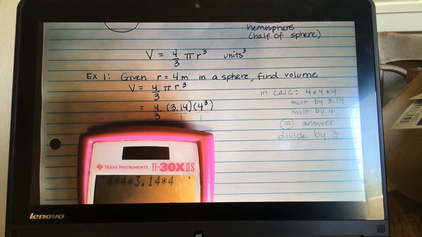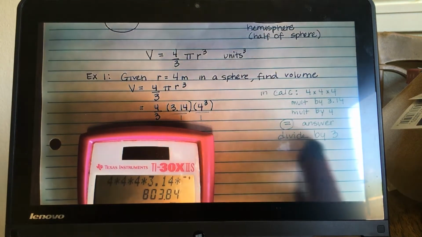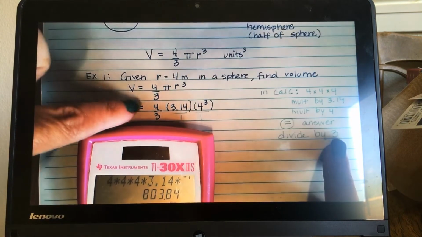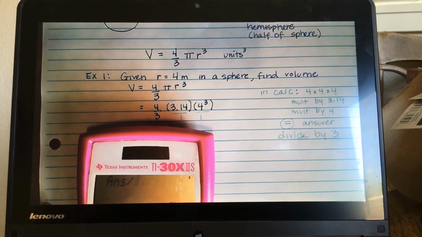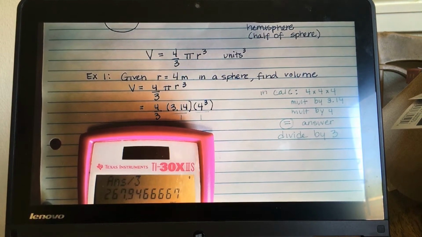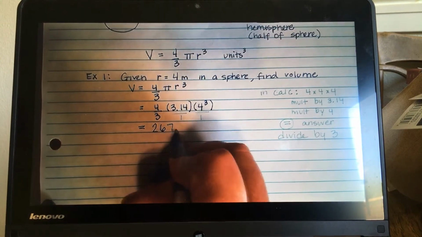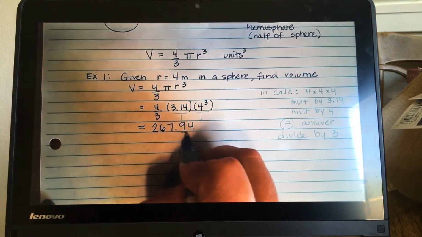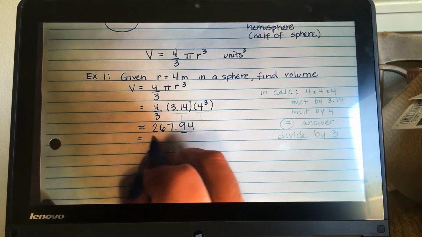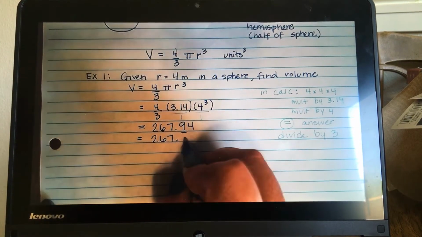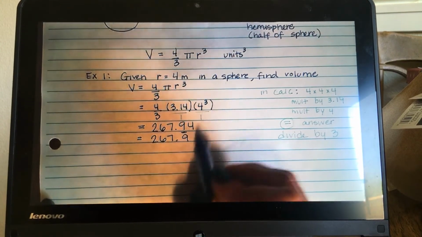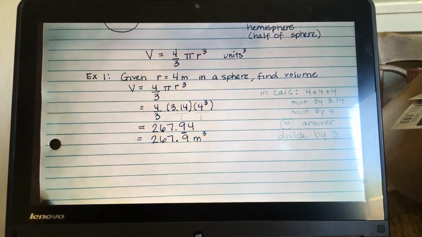That gives me 803.84, and then I'm going to divide by 3, because that's the bottom part of our fraction. That gives me 267.94, and we're going to round to the nearest tenth. That gives us 267.9, and these were meters cubed.